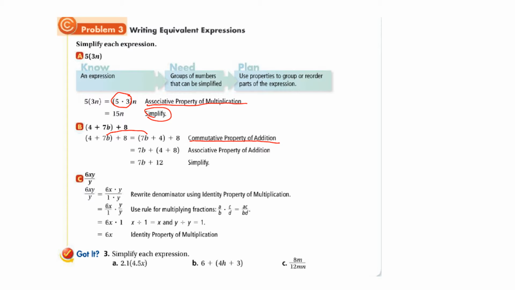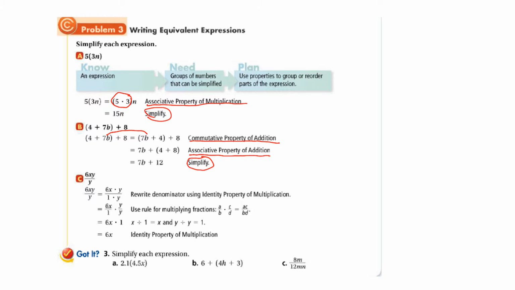Now going to the next step, instead of putting the parentheses around 7b plus 4, I put the parentheses around 4 plus 8, which is grouping, which is my associative property of addition. And then I'm able to add the 4 plus the 8, which is simply simplifying, or you could just say add.